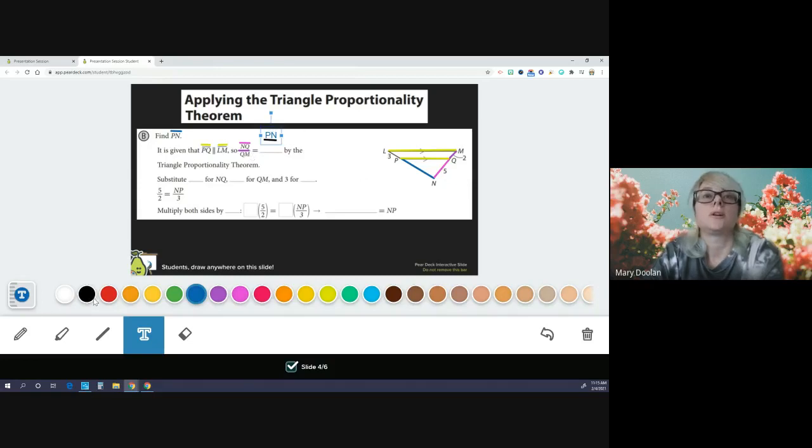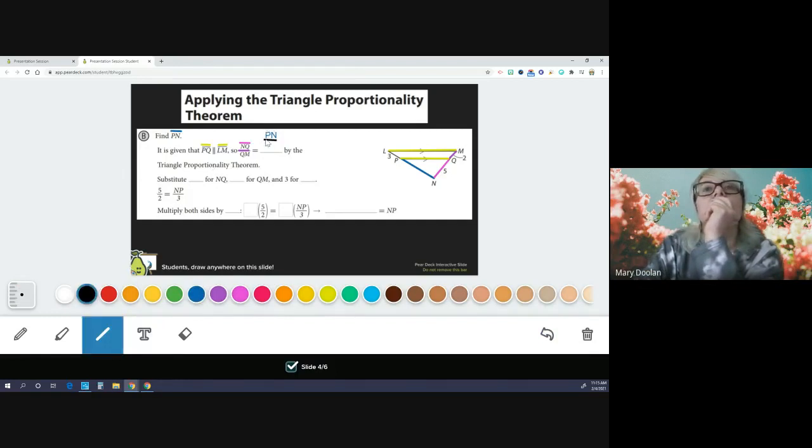And I am going to color code it too. Okay. That's going over the segment. Well, the one we haven't used yet, this smaller segment on the side, that's the same side with PN in between the two parallel lines. PL.